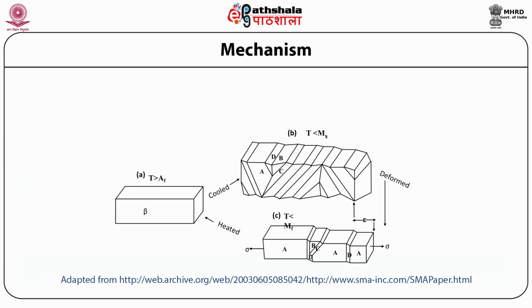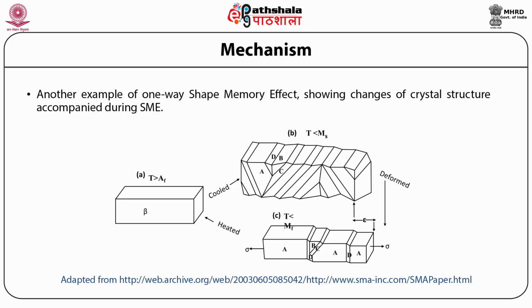So students, this figure, that is the figure shown over here, shows another example of a one-way shape memory effect, which is showing changes at micro and macro levels during transformation. So the figure A shows the change of the transformation to the Martensite phase.